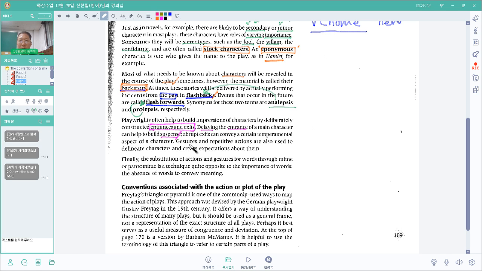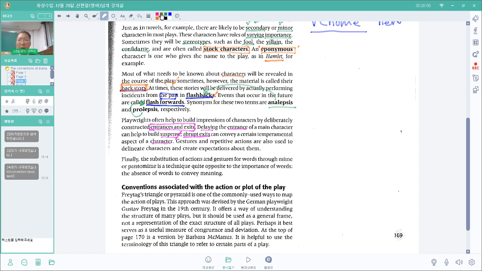You can make a thrill. Okay? An abrupt exit can convey a certain temperamental aspect of a character. And oppositely, if you suddenly remove or abruptly exit your main character from the stage, it also conveys a temperamental aspect of the character, a sudden impact of the character on the audience.